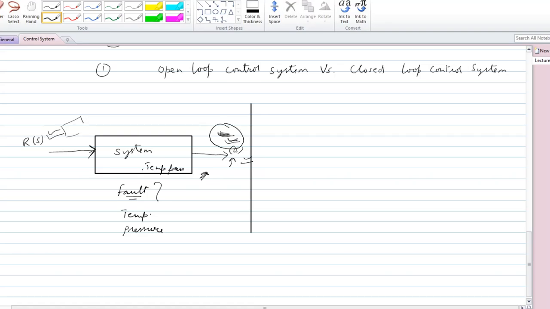Then due to these parameters, your output will change, and your input cannot have knowledge that the output is actually not the required output, because the parameters are changed here.